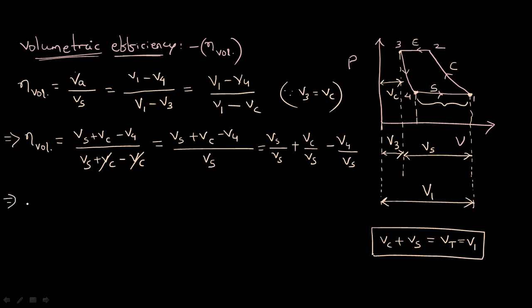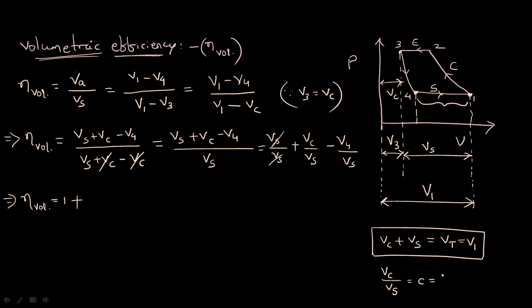So that implies volumetric efficiency, how much will I get? Vs and Vs will get cancelled. I will get 1 plus Vc by Vs. I will assume this Vc by Vs as small c.